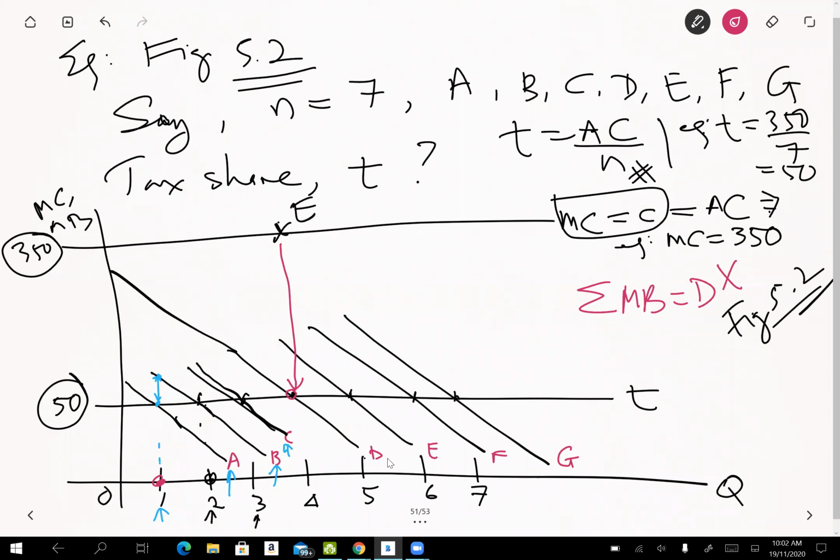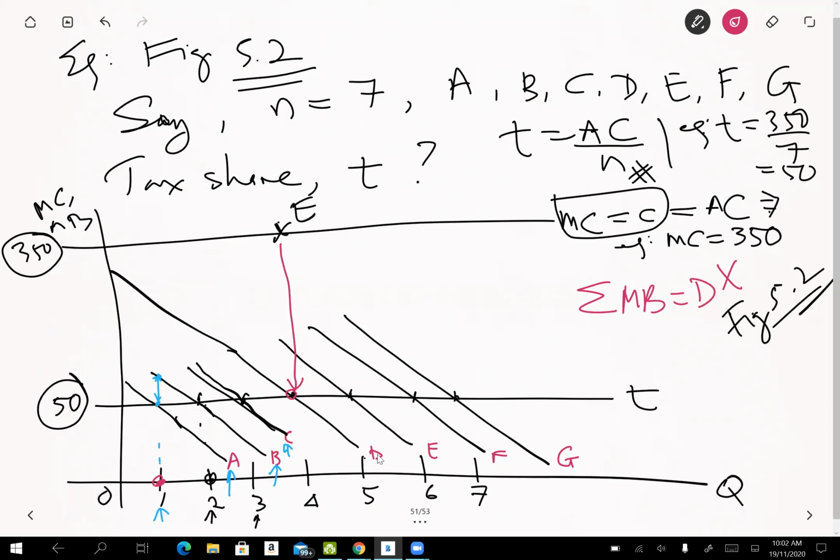In the model we were discussing, A, B, C, D, when you rank the demand functions from the lowest up to the highest based on their benefit, you will find that D is the middle. So we call D the median voter.